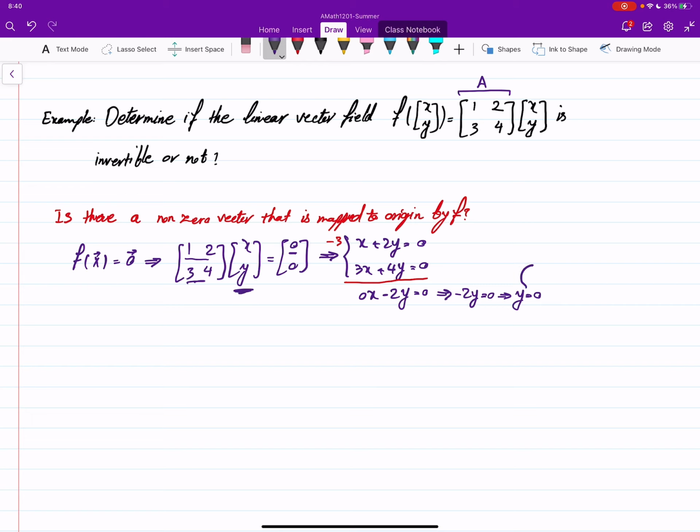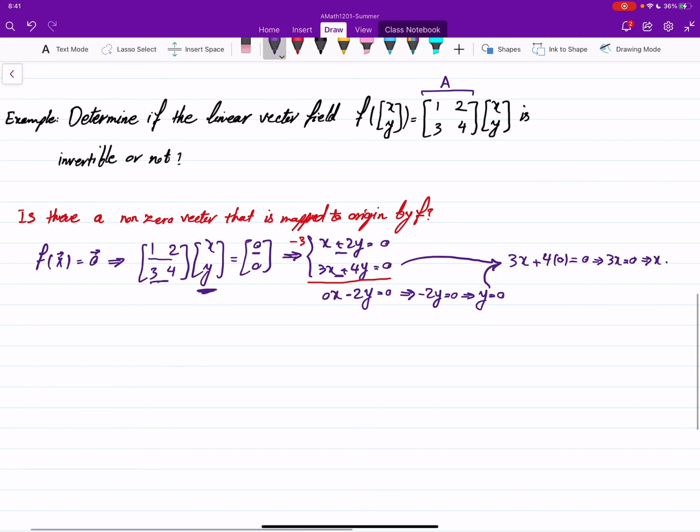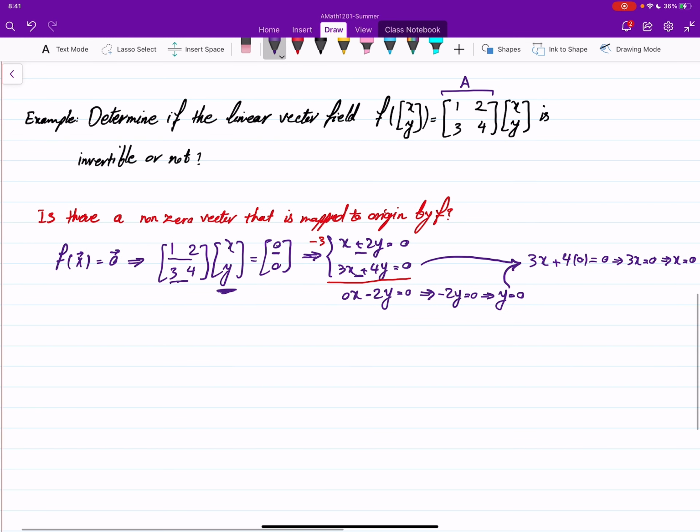Now, plug it into any of these two given equations. Here it will be 3x plus 4 times 0 must be equal to 0. That means that 3x is equal to 0, and that implies that the first component must be 0 as well.